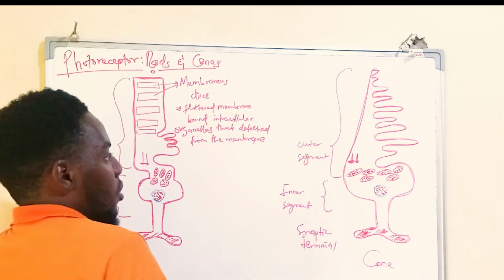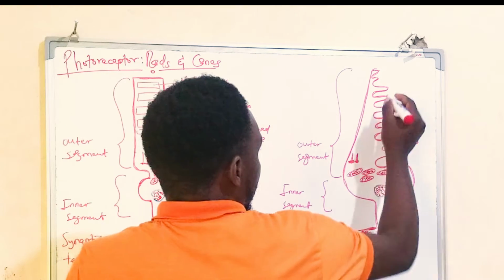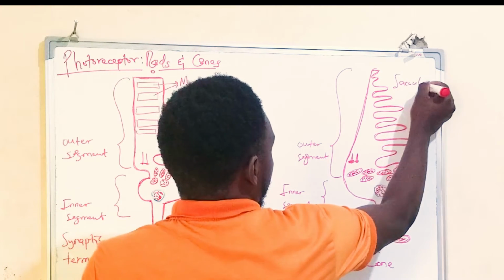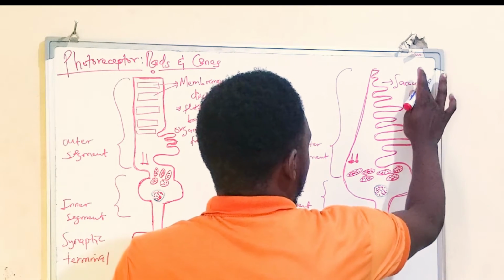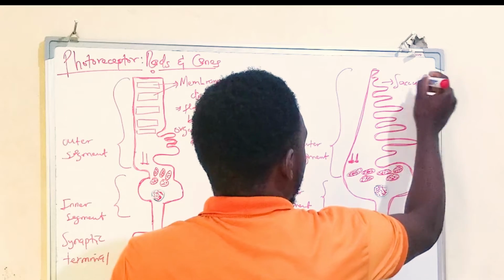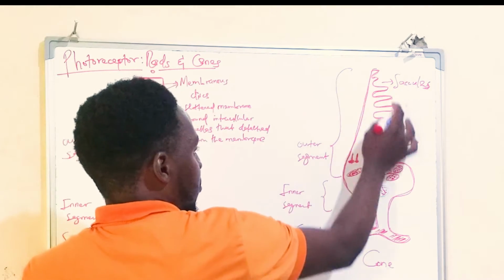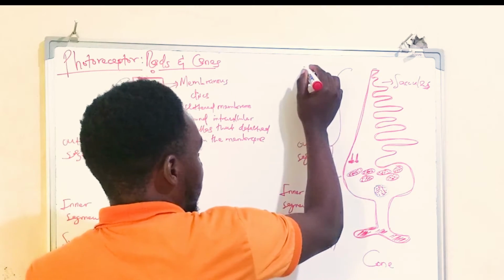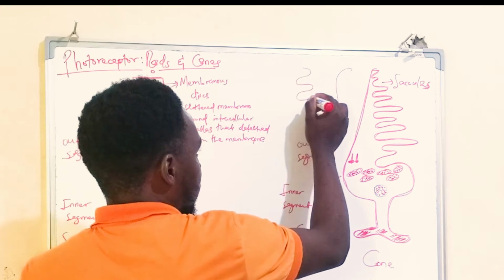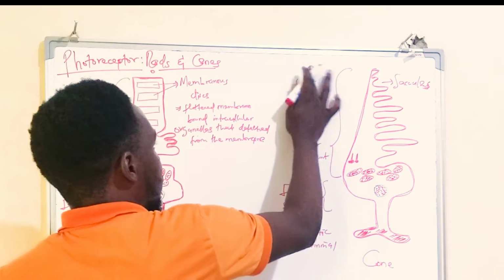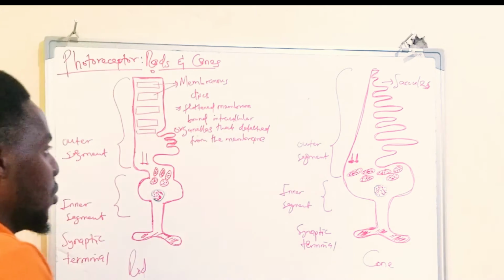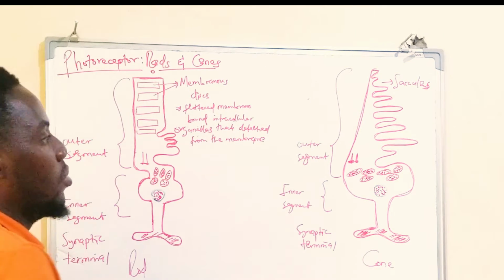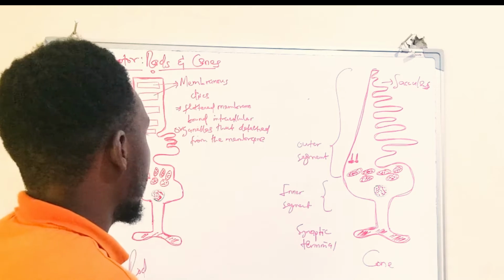Unlike here in the cone, where you have circules rather than membranous discs. These circules are just infoldings. It's just the outer membrane, or the plasma membrane, folding inwards to form these circules. Here in the rods they are actually intracellular organelles that detach from the membrane to form those flattened membranous discs in the outer segment.